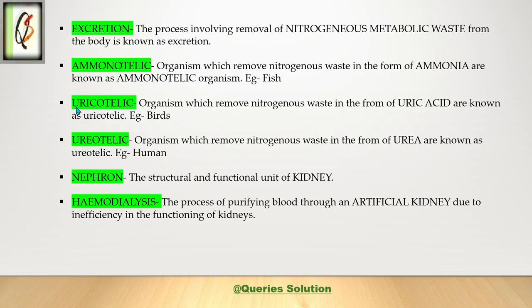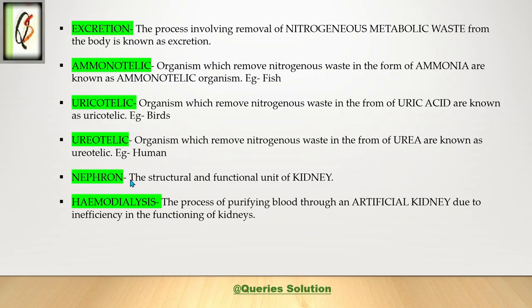If the organism is releasing uric acid as nitrogenous waste, like the birds mainly, then those are what we say as uricotelic organisms. And examples like us who release nitrogenous waste in the form of urea, such organisms are known as ureotelic organisms, and this process is known as the ureotelic mode.